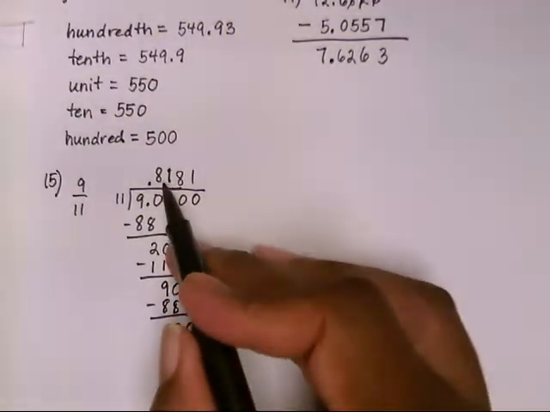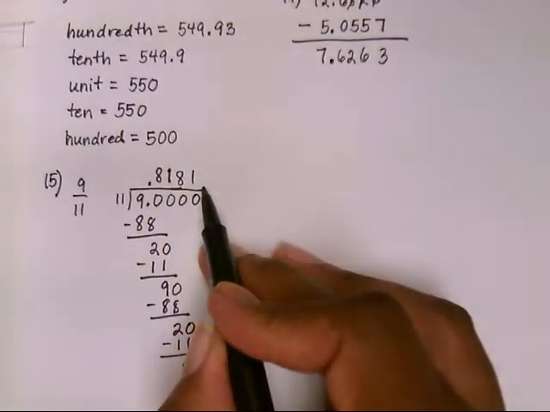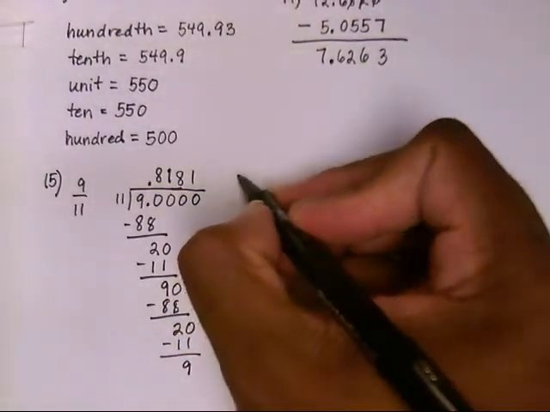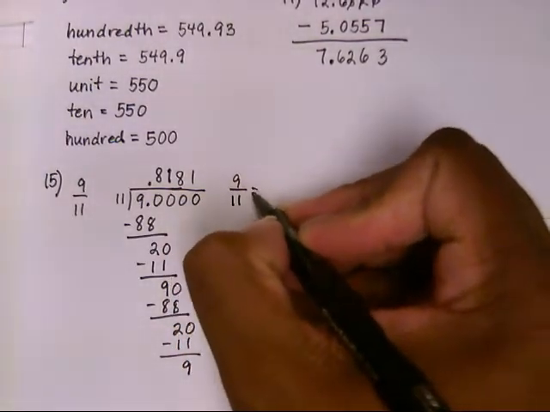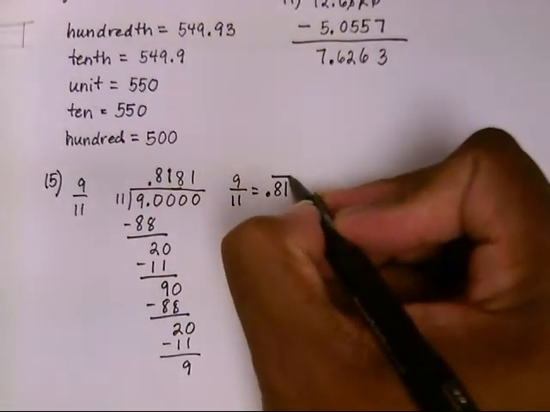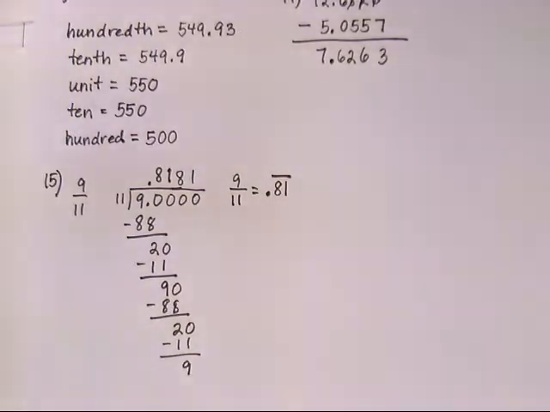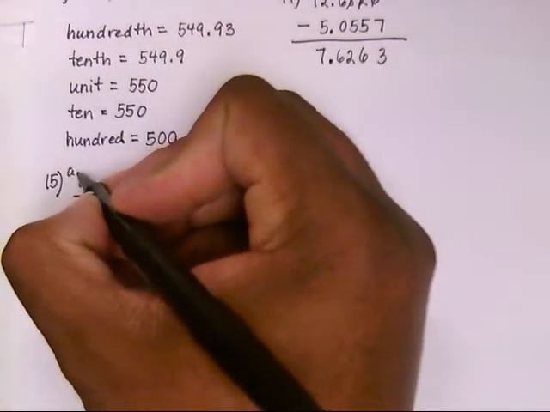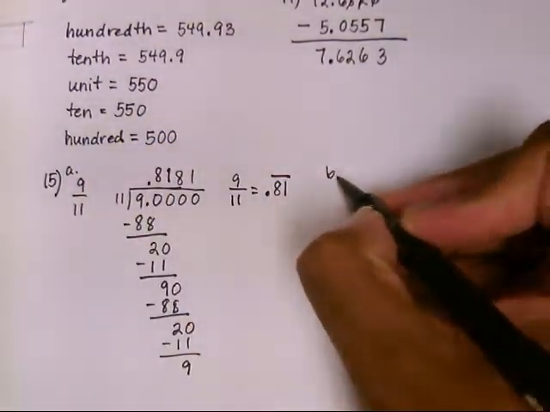And notice that the 8 and the 1 repeats. So 9/11ths would be, as a repeating decimal, 0.81. And I'll put a bar over the 8 and the 1, indicating that the 8 and the 1 repeats. Okay, so that was part A.